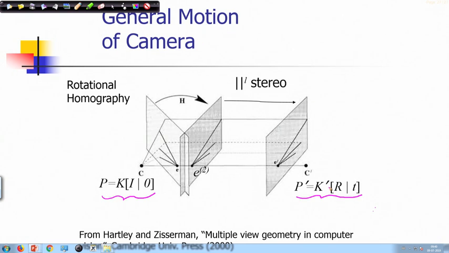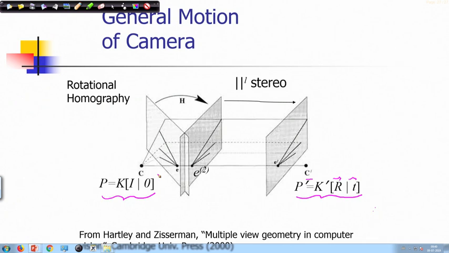It could have different focal length, etc., and it has rotation and translation parameters as well, which means they are not separated by simple horizontal motions. C prime, or the center of the camera, is rotated and translated with respect to C. It has a general configuration.